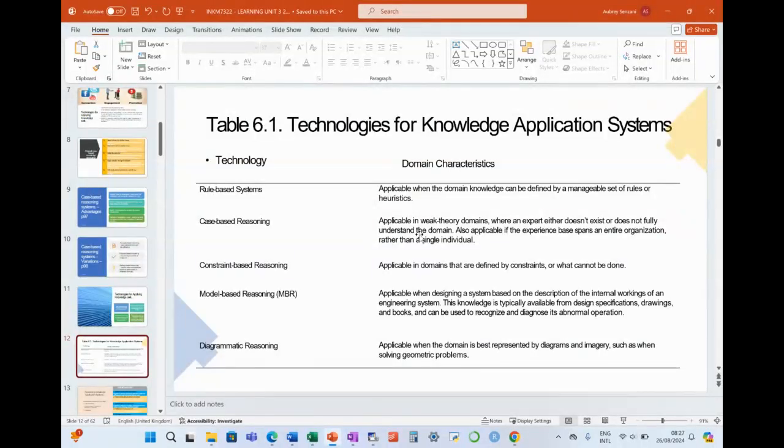Then we have case-based reasoning, constraint-based reasoning, model-based reasoning and diagrammatic reasoning, okay? Now, all of these are different systems that take in knowledge or utilize knowledge in order to solve a problem. But the manner in which they do that is different, hence why they have different names.